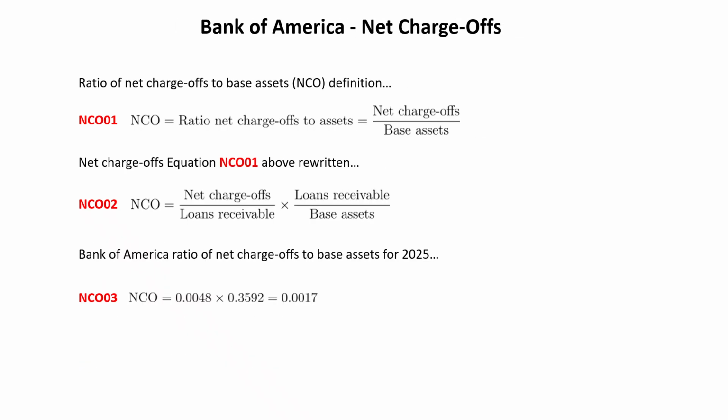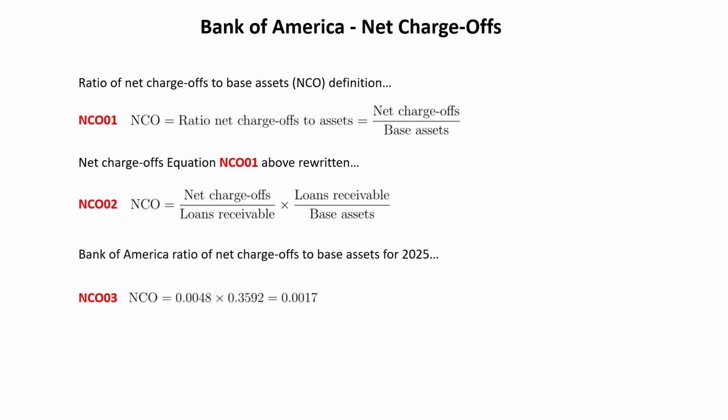The next calculation we want to make is net charge-offs. The first equation, NCO01, is our definition of the net charge-off ratio, which is net charge-offs from the income statement. In this case, we use the loan loss provision as a proxy for net charge-offs, divided by my asset base.